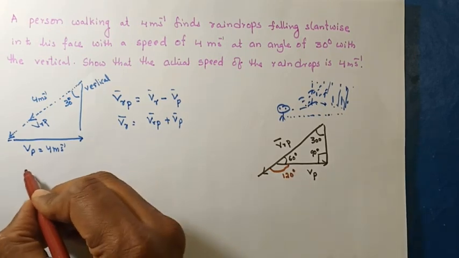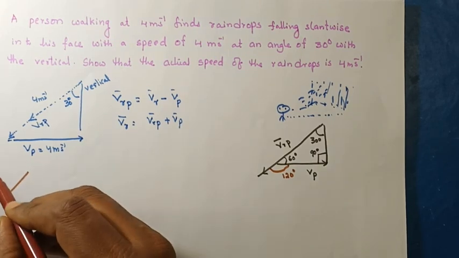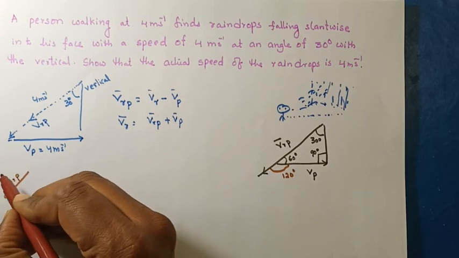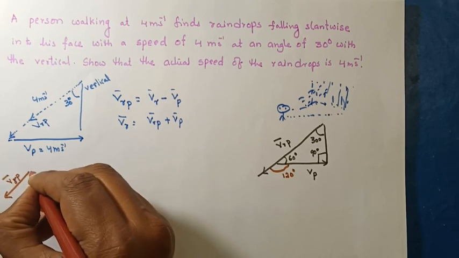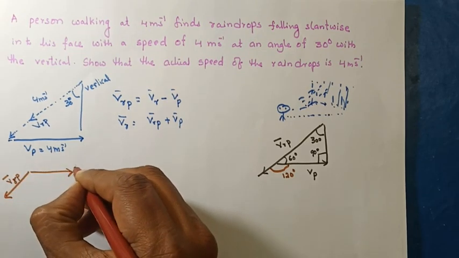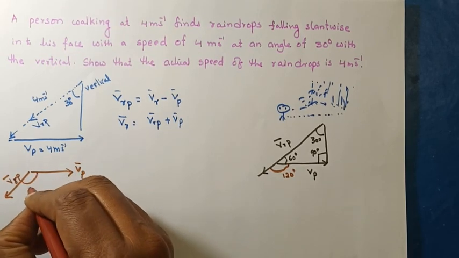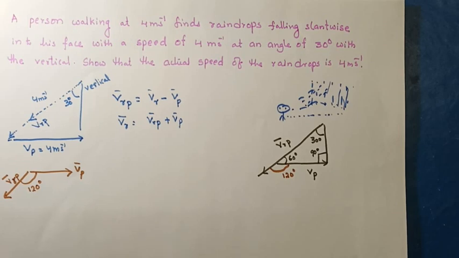Now I am writing it here: the vector called V, velocity of the rain with respect to person, Vrp, and this is the Vp vector. What is the angle? The angle is 120 degrees.